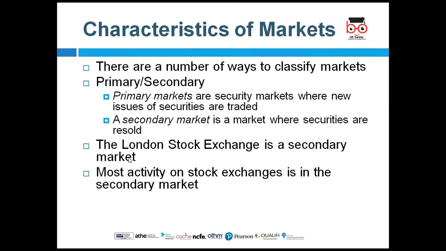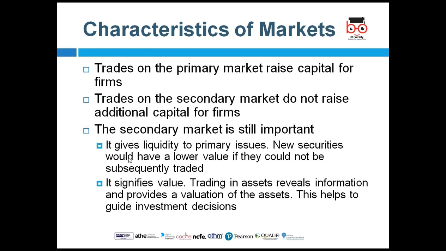Characteristics of markets: we discuss the primary market, where newly issued securities are traded. The secondary market is where securities are resold. The London Stock Exchange is a secondary market, and most activity on the stock exchange is in the secondary market.